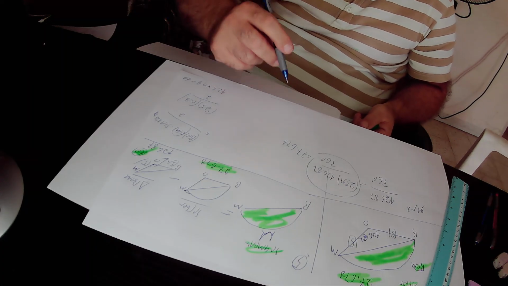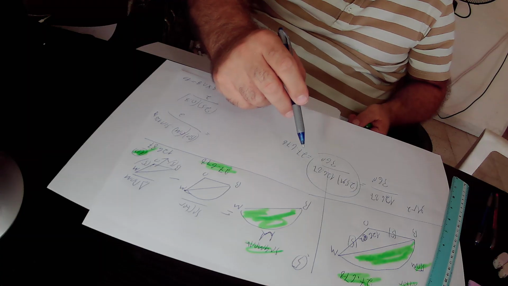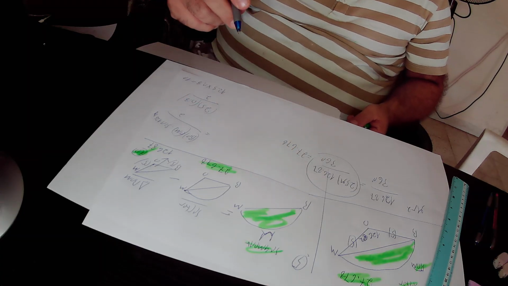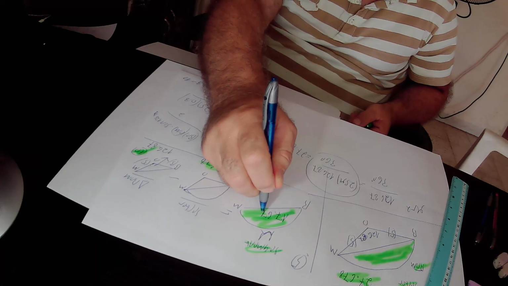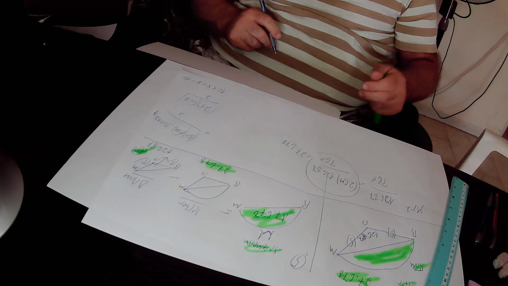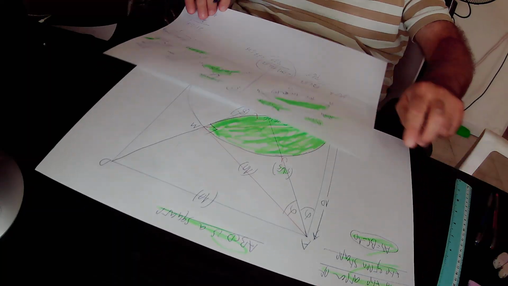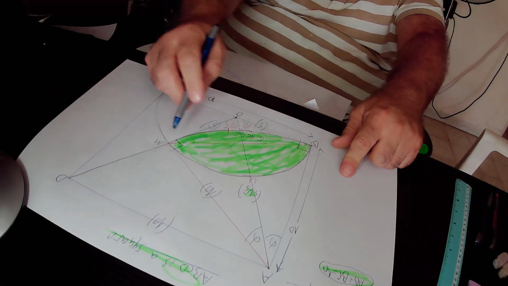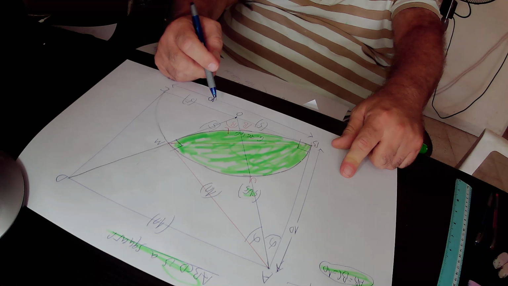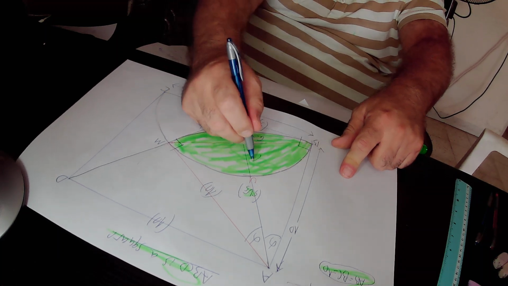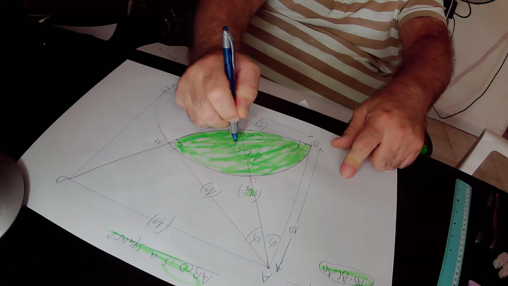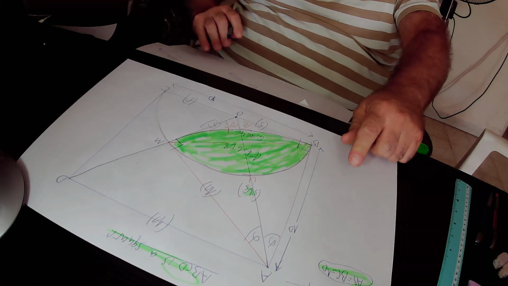So we found out that the area of this upper segment BOM in total is equal to 17.678 square inches in size.